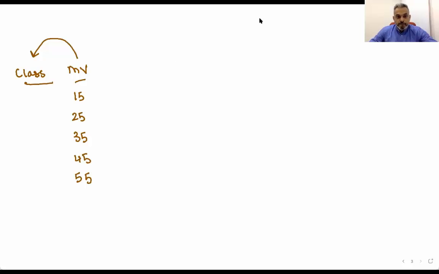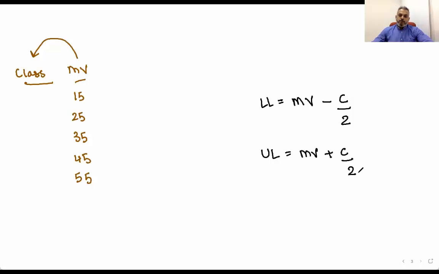ध्यान दो. Now, for that we have a formula. Lower limit, I'm writing LL, short form, is equal to mid value MV minus C, that is class length, divided by 2. And upper limit is equal to mid value plus class length divided by 2.